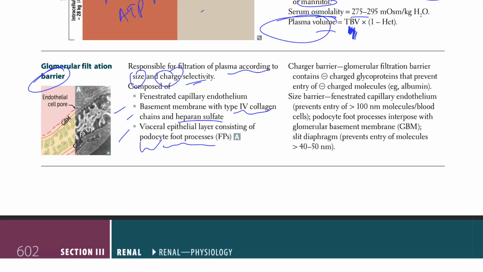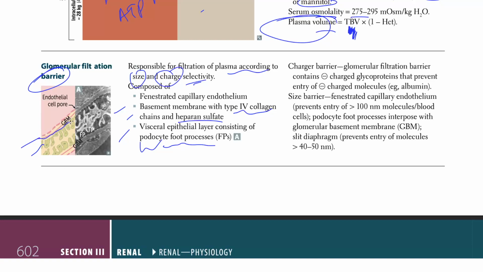Look at picture A. We have podocytes, fenestrated capillary endothelium, and the glomerular basal membrane.